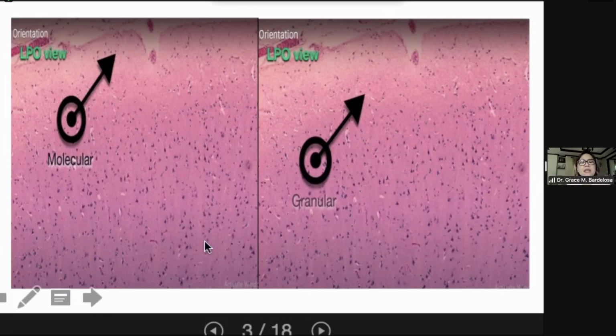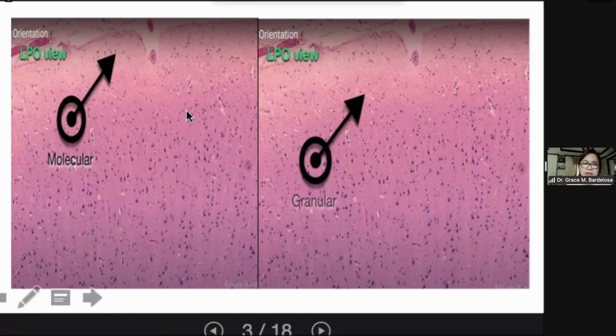As you can see, the different layers cannot be separated one from the other. They are named the 6 layers because of the cells that are found per layer, but in ordinary stains, we cannot really define the different layers.